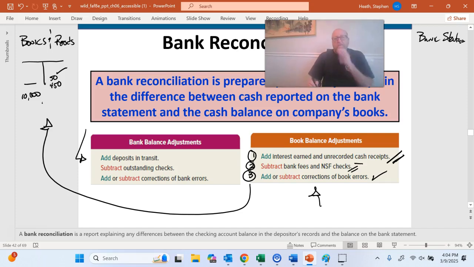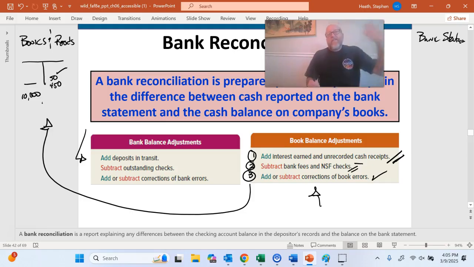Okay. So deposits in transit, that's going to be an instance where we deposit, like if I take a $1 million check to my bank and I deposit it and I tell the bank right then and there, hey, I want to take out $1 million in cash, right? The bank's going to be like, okay, slow down, relax. This check, $1 million, we don't even know who this person is.